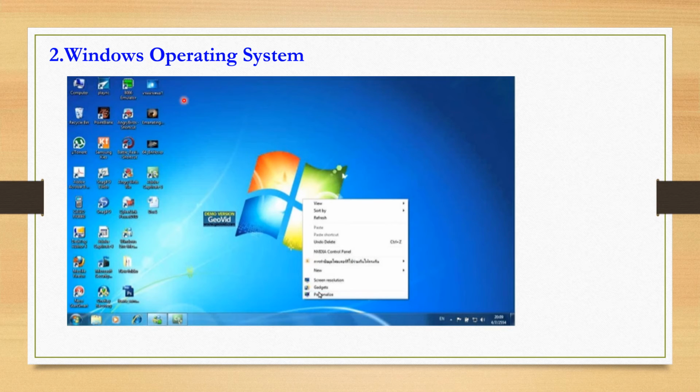So this is a bit familiar to all of us. This operating system is developed by an American company, Microsoft, which is a very popular company. In this operating system you can see a screen with pictures or symbols.